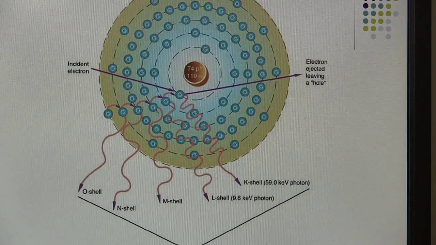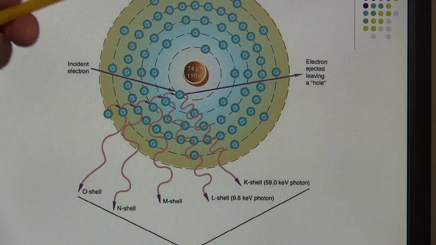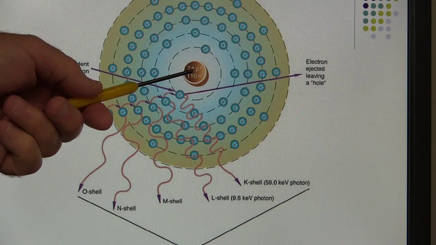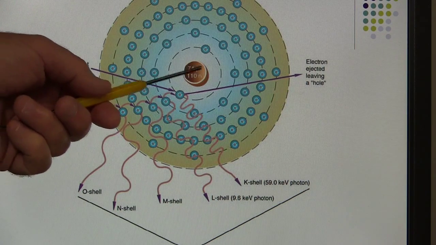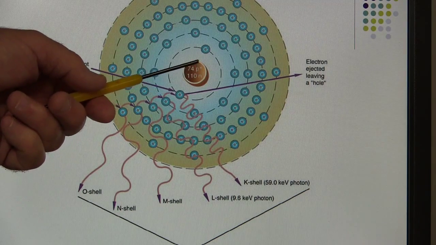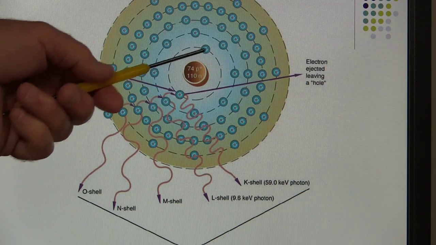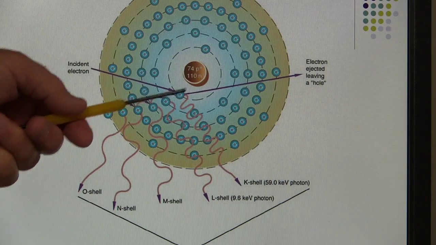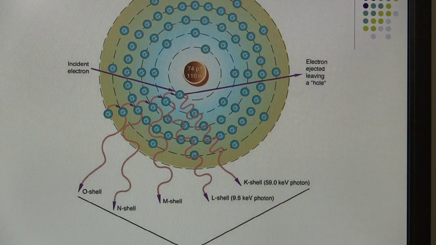And that's all well and good, but here's the thing about electrons and atoms and the energy inside of them. This nucleus has a positive charge on it. It expects to have a full K-shell here.